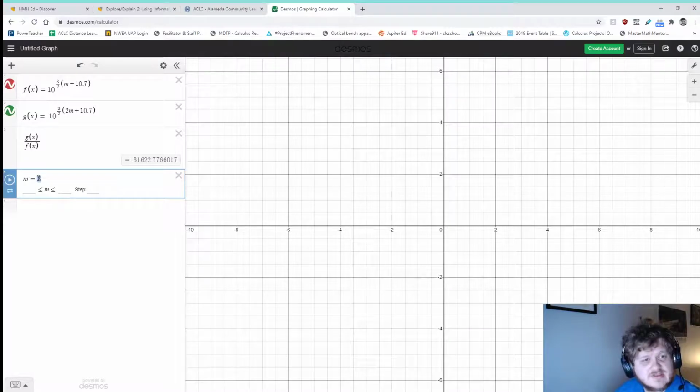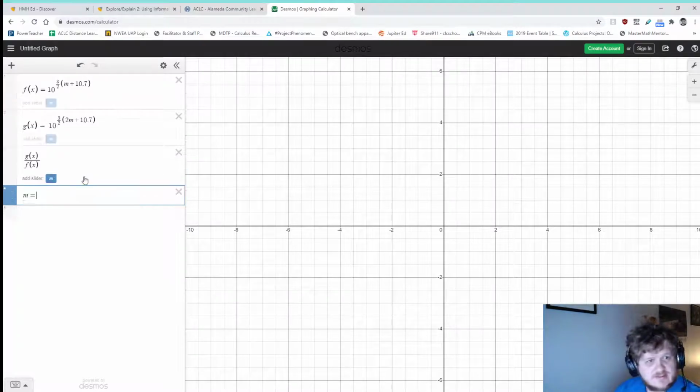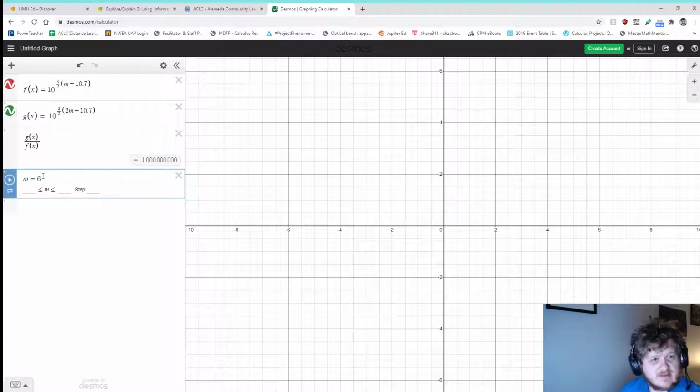I'll share out this graph. You can see how much more, so this would be a 4 on the Richter scale, and this would be an 8. If we do that, it is about 1 million times bigger. If it's a 6, you get 10 million, and it keeps increasing.